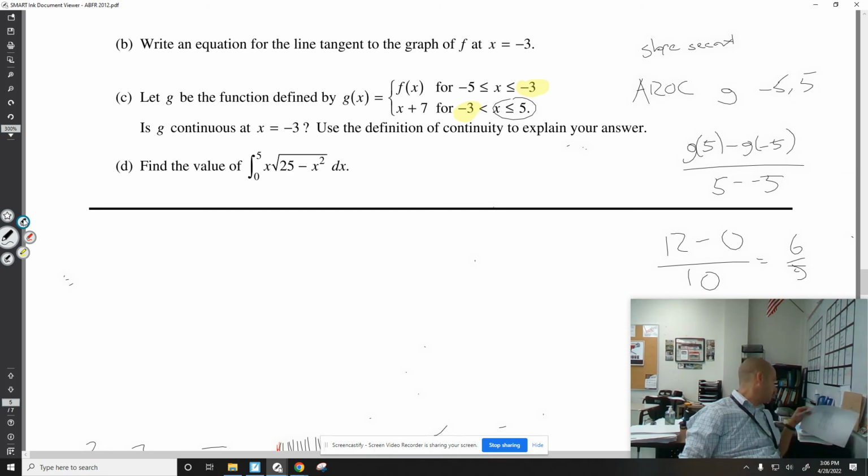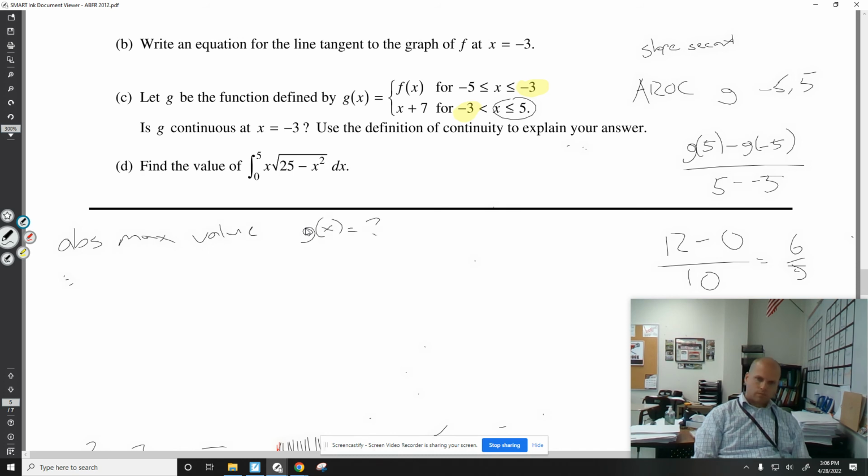All right, last one. What is the absolute maximum value of G? Okay, and again, G is the piecewise function.